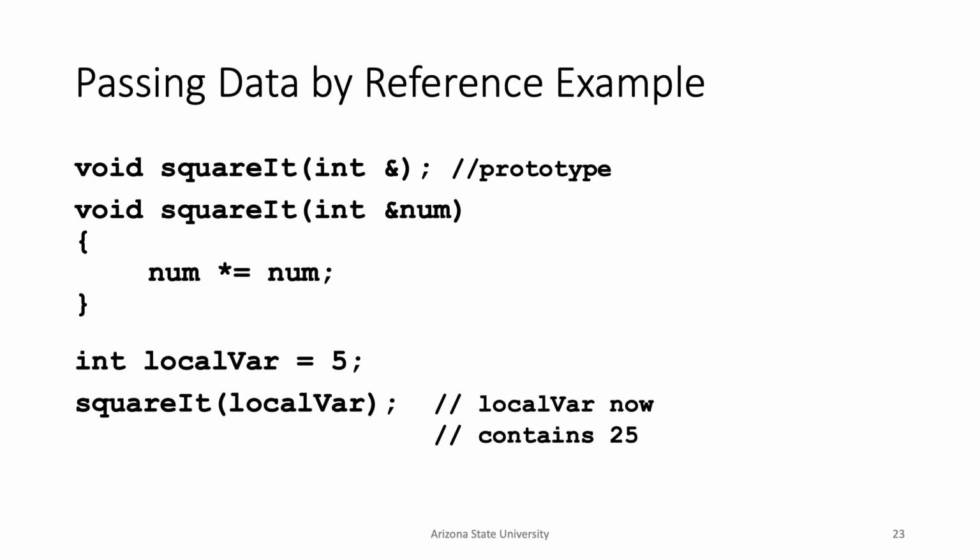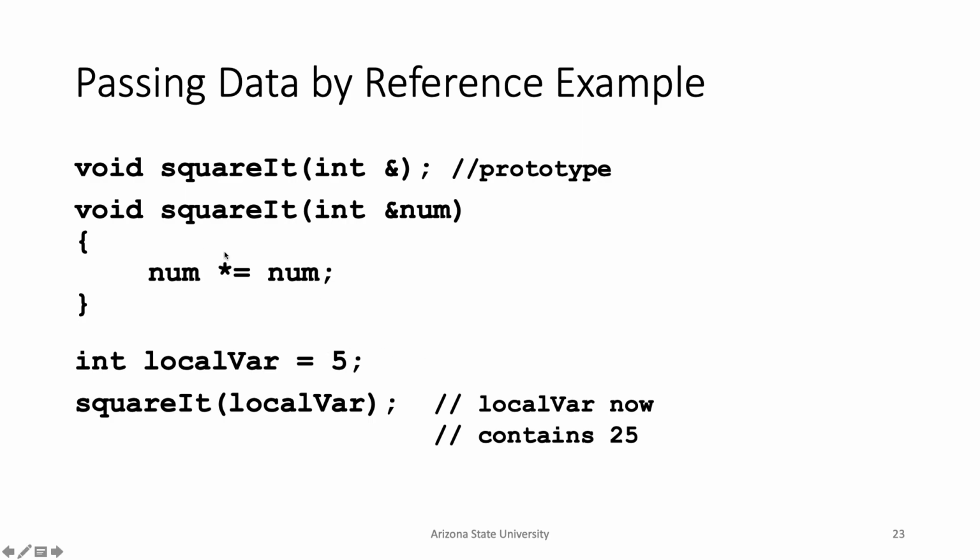So I'm not returning from the function. If I got rid of that ampersand and I just made it a normal pass by value parameter, at this point, what will be the value of local variable? Yeah, 5, because I'm not modifying the original variable, I'm modifying a copy of it.